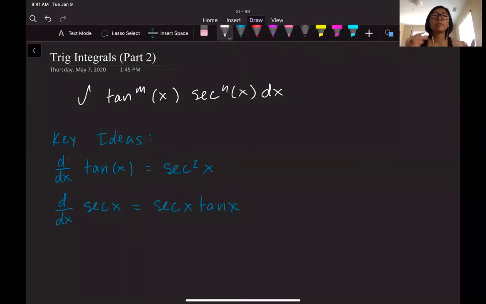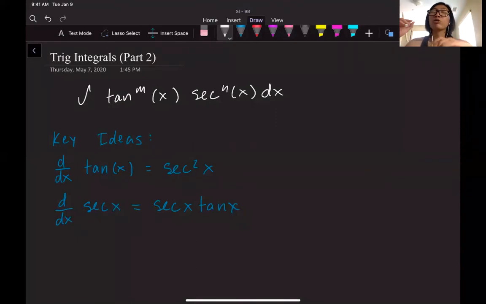Here we also need to be careful because what we're looking for is ways that we can rewrite it so that we can use a u sub. That's why I have these key ideas written on the blackboard. Knowing these two derivative properties, we can think, okay, if I let u be tangent, I'm going to be left with the secant squared.